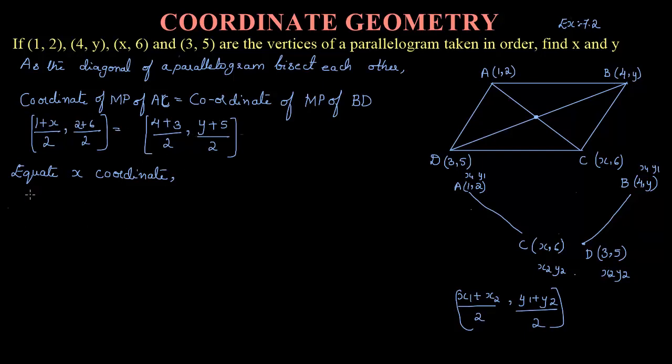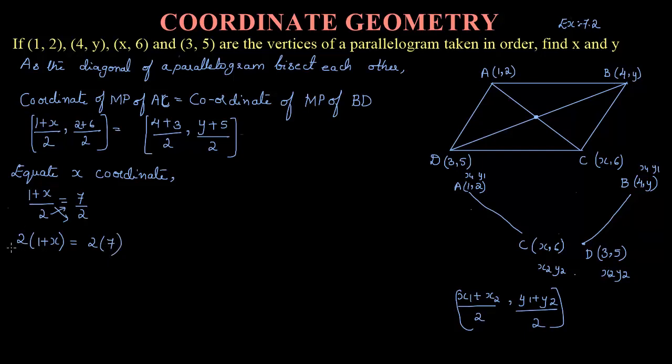So (1 + x)/2 is equal to, here there is an equal sign in between these two, (4 + 3)/2, which is nothing but 7/2. Right? Now I'll cross multiply here. So you will have 2 into (1 + x) equals 2 into 7.